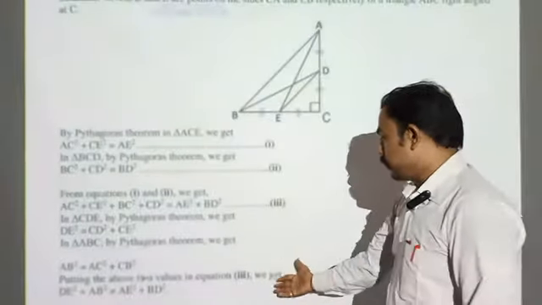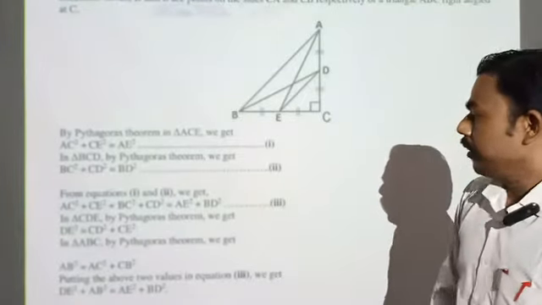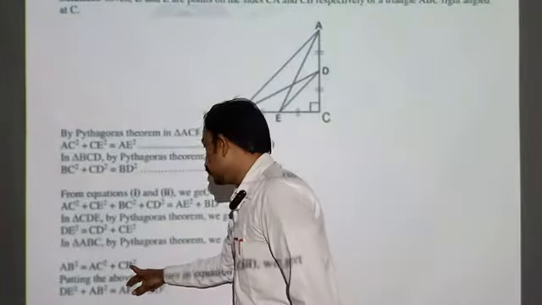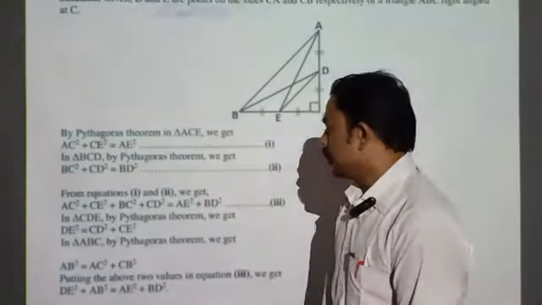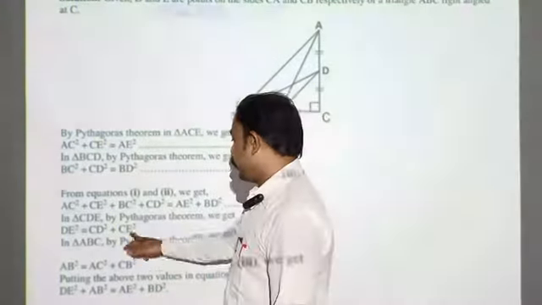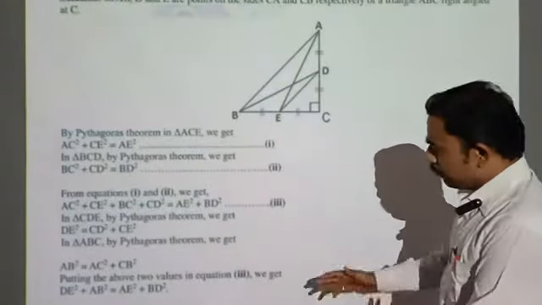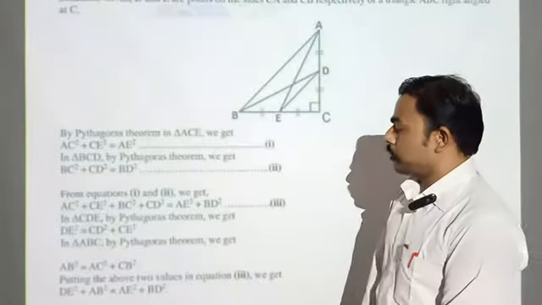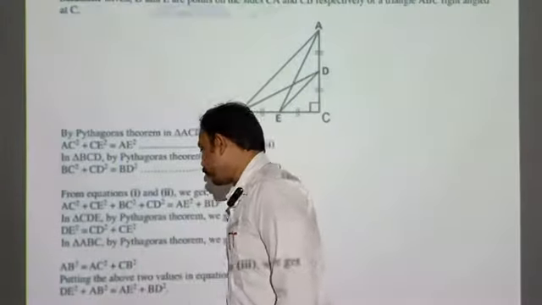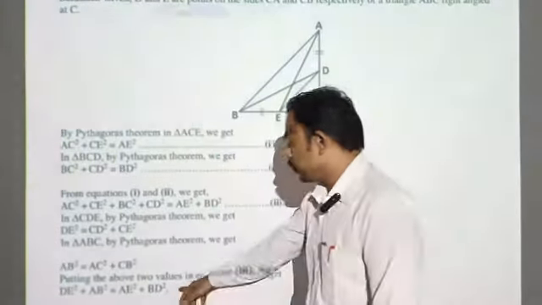Putting the values into equation 3, we write AC squared plus CB squared, and I can replace AB squared, and similarly replace the other. From this you can conclude that DE squared plus AB squared equals AE squared plus BD squared.